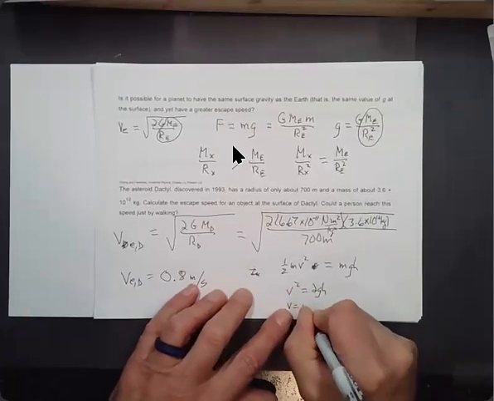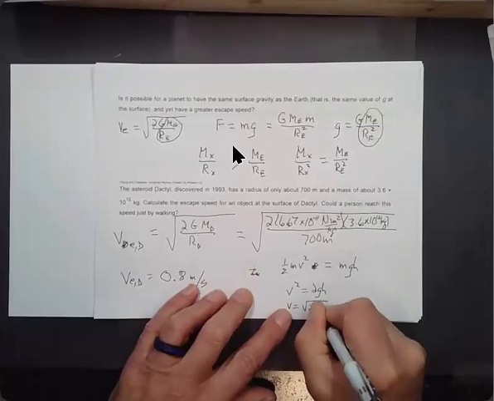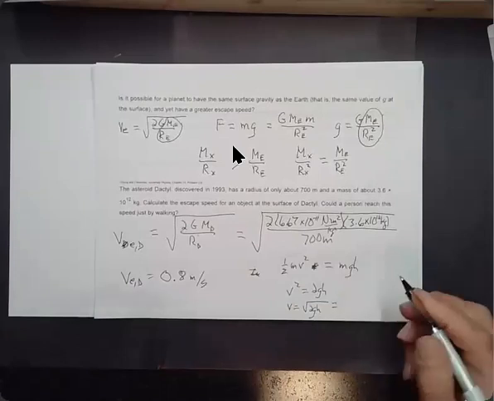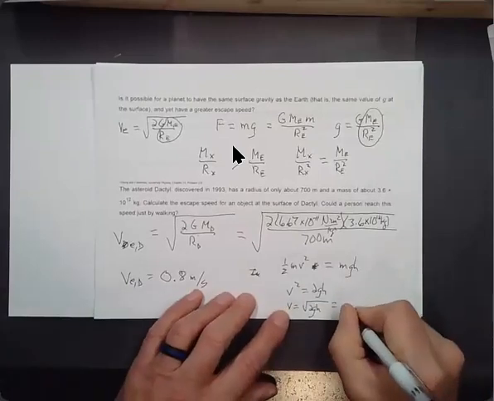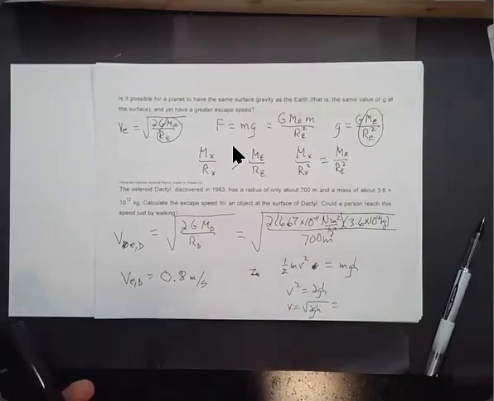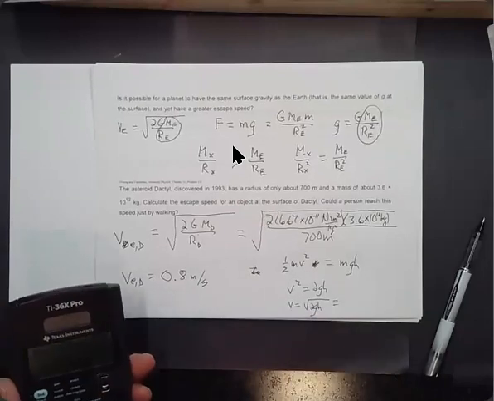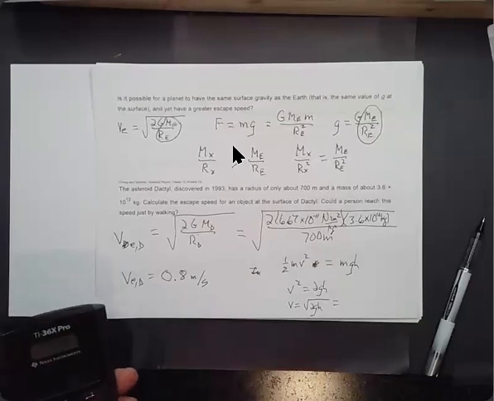V will equal the square root of 2gh. And let's suppose you can jump 3/10 of a meter. What would your speed be coming off the ground? So I'll just plug in 2 times g times 0.3 meters and see what we get. Square root of that is.